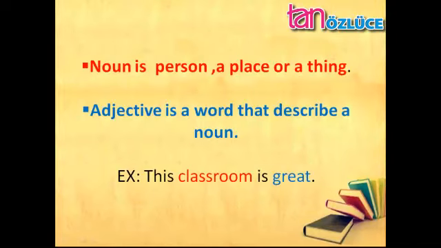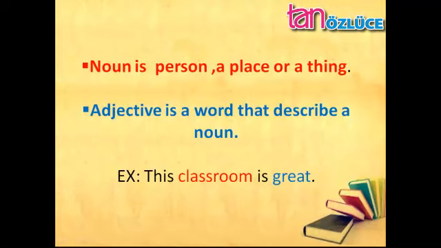And here on this page, I just wanted to remind you about what a noun and an adjective are before we begin. A noun is a person, a place, or a thing. So, for example, computer is a noun because it's a thing, or classroom is a place, and at the same time, it's a noun. And what should I say about adjectives? An adjective is a word that describes a noun, okay?